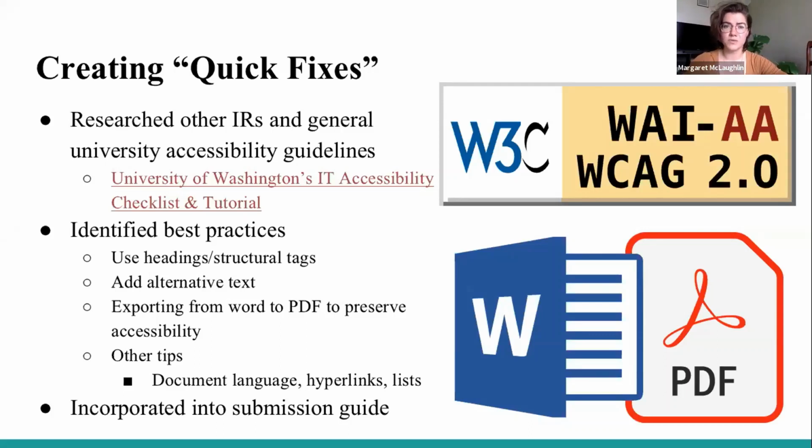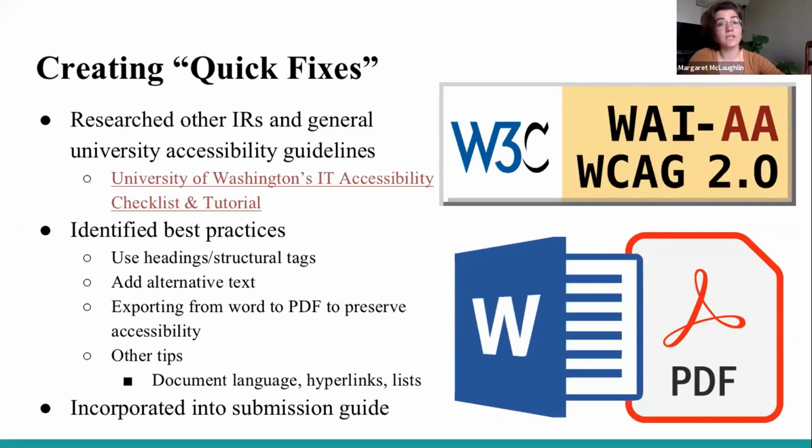A really helpful resource, and one that I used a lot, was the University of Washington's IT accessibility checklist and tutorial. It's very clear, it's very comprehensive, it's very accessible. So I spent a lot of time on that, as well as many other peer institutions and other websites. And from that, I was able to pull a list of best practices.